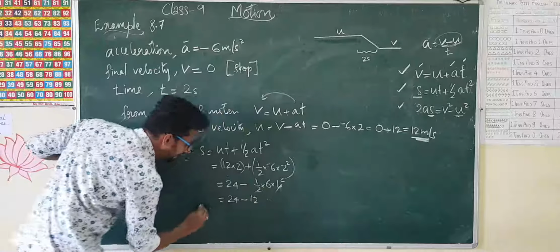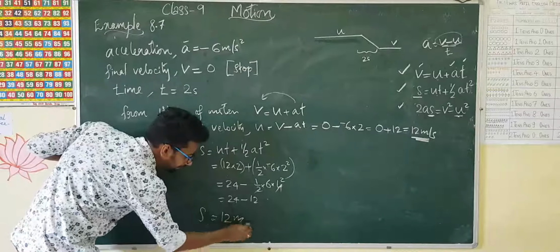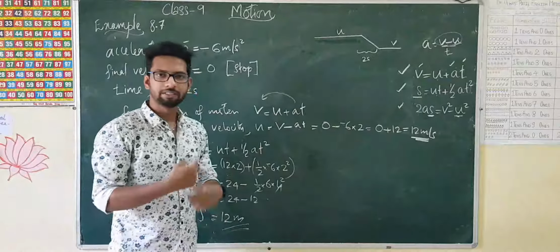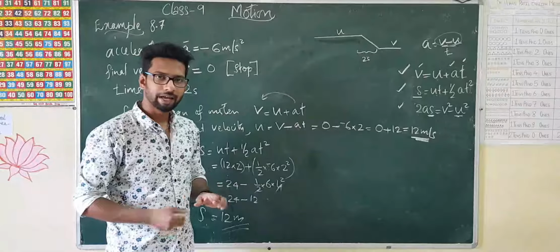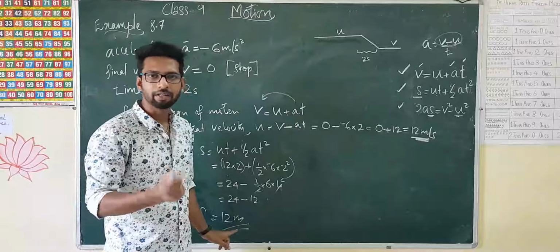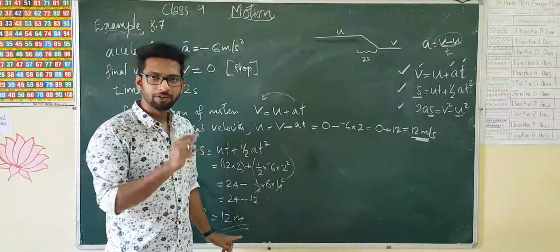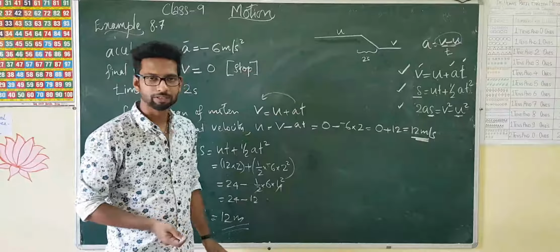So what is the answer? s equal to 12 meter. So the car stops after applying the brake, and within 2 seconds it moves 12 meter and comes to rest.